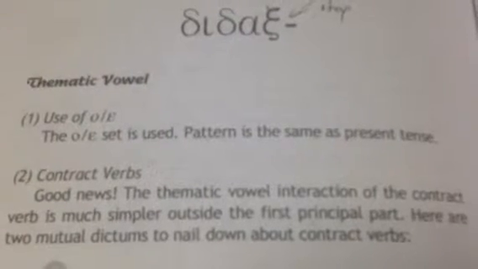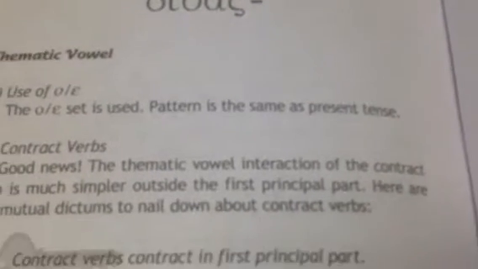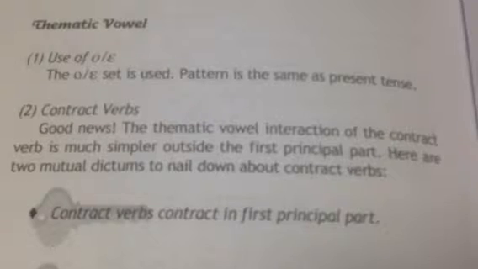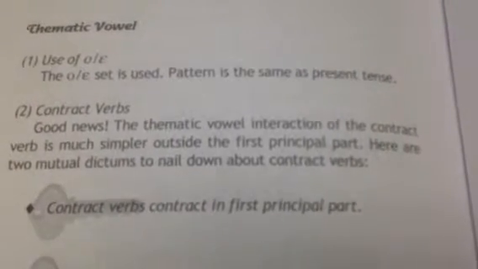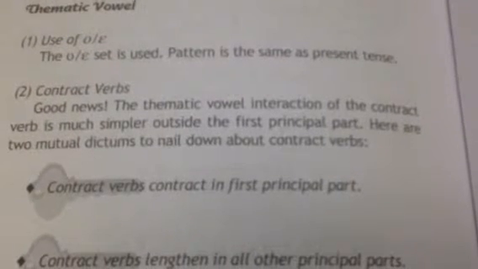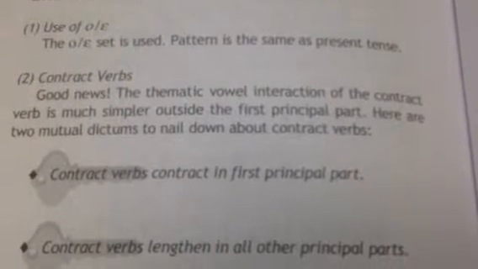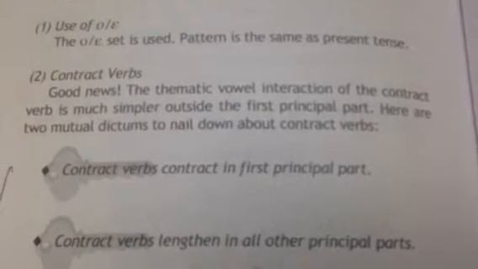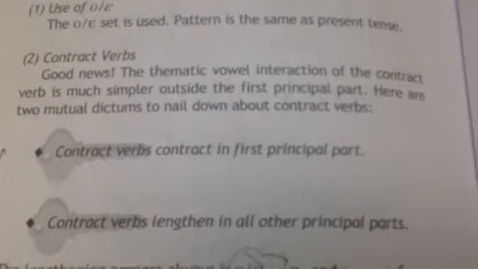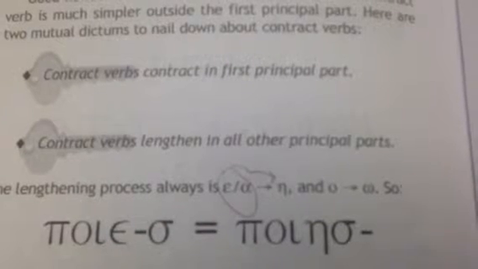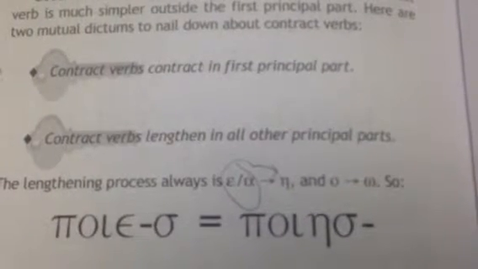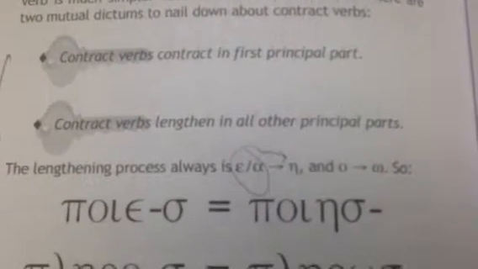Again, we also use the thematic vowel. And we encounter contract verbs. We had seen those in chapter 13, so there's nothing new there, except that we encountered them in 13 in the first principal part, because that was the imperfect. Now we are in the second principal part, and contract verbs actually lengthen in all principal parts outside of the first.